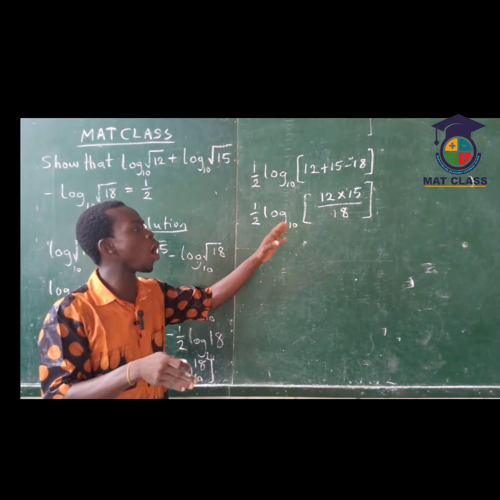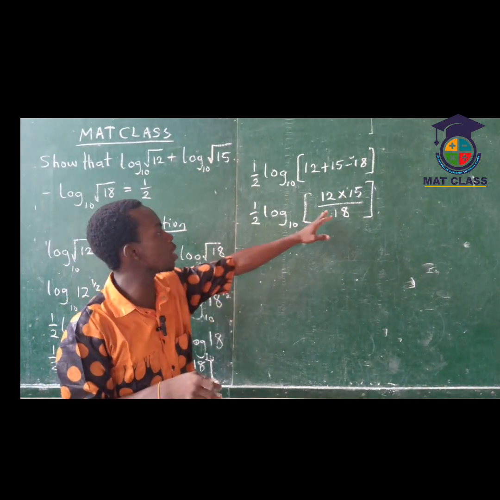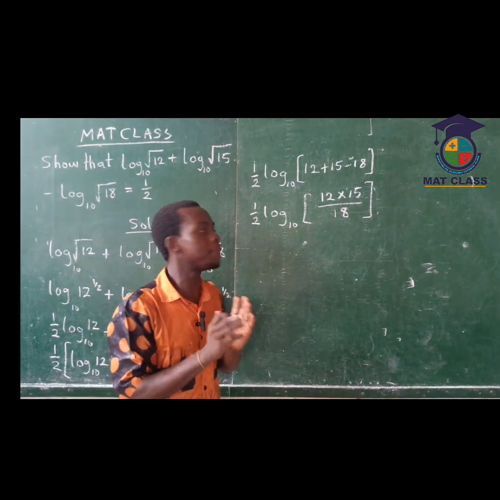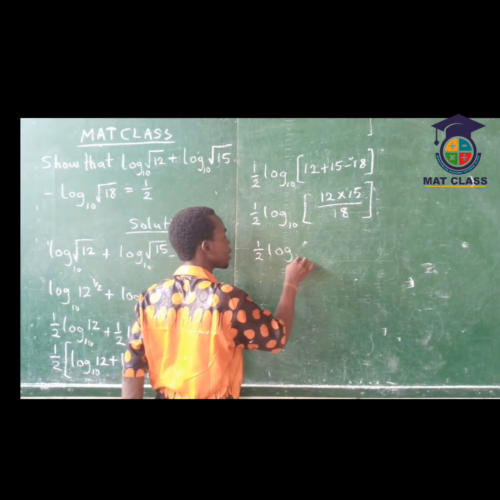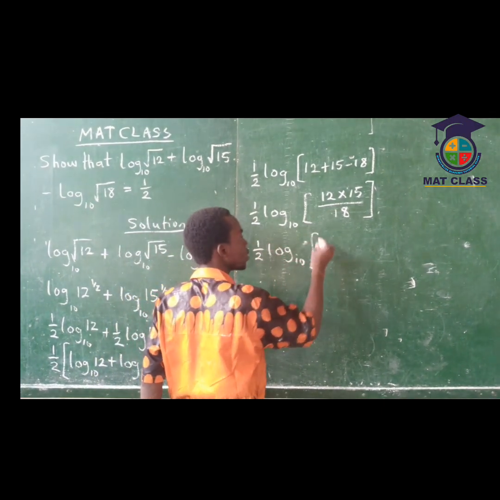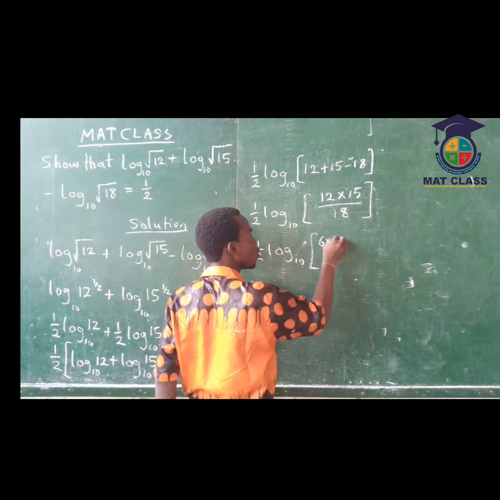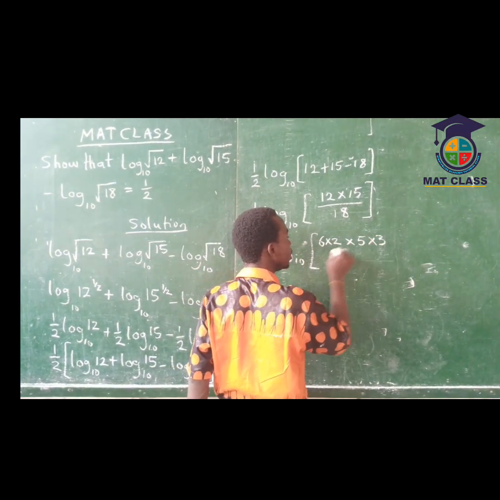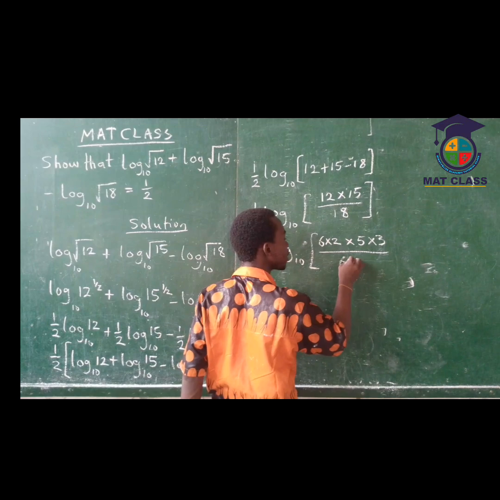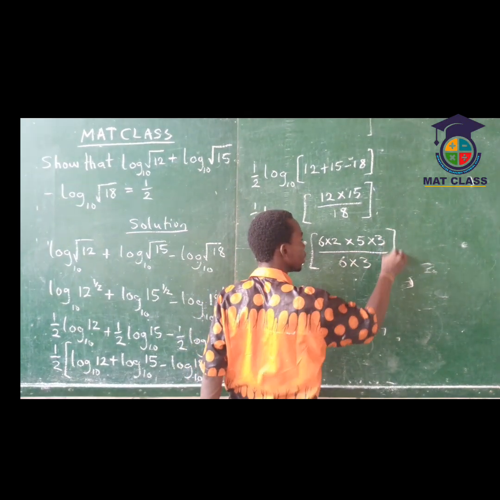I will now break all these numbers into pieces by saying that 1 over 2, the log of base 10, open bracket, 6 times 2 multiplied by 5 times 3 divided by 6 times 3, close the bracket.